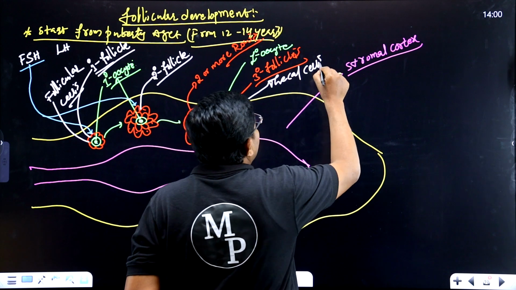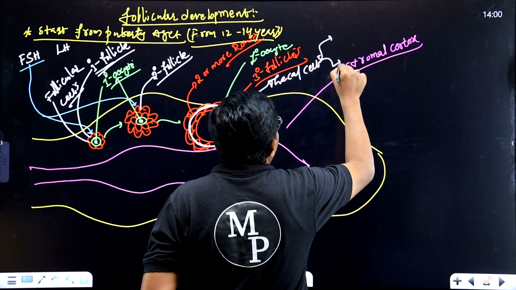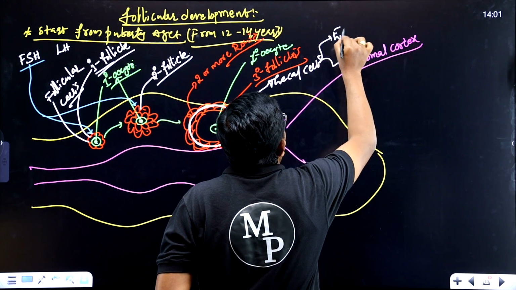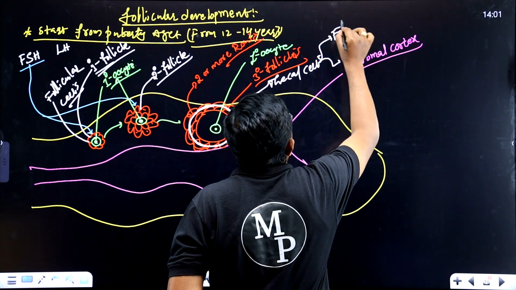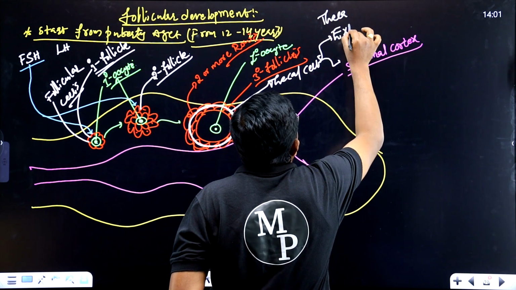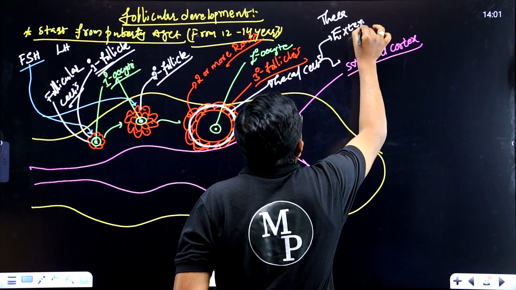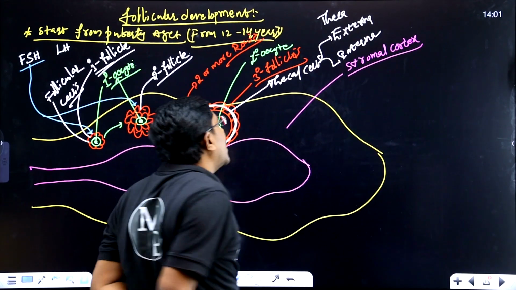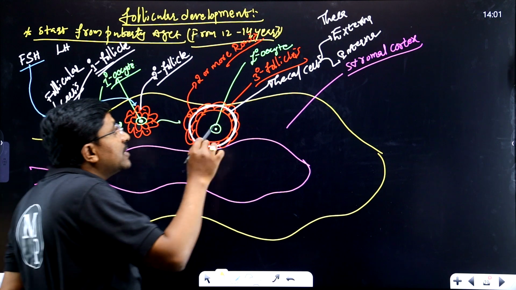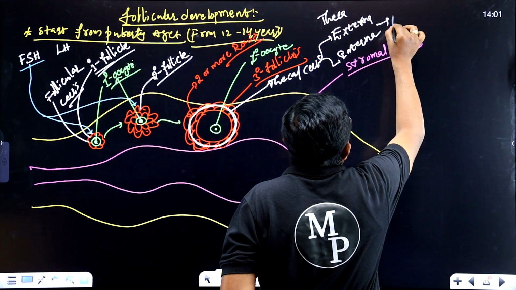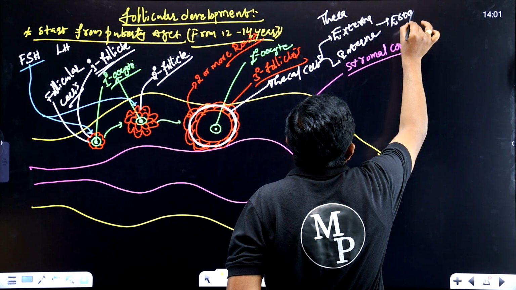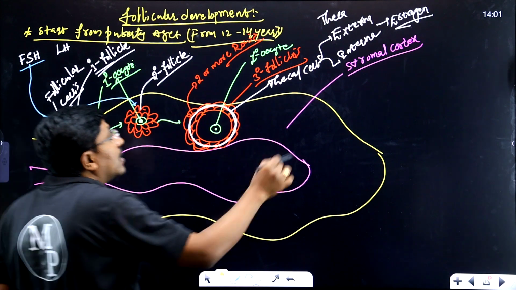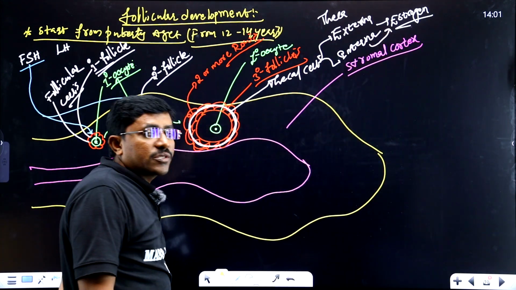Two types of thecal cells are there: theca externa and theca interna, two layers are there. These theca externa and theca interna are involved in the production of estrogen. Very important point. Theca interna cells are involved in the production of estrogen.